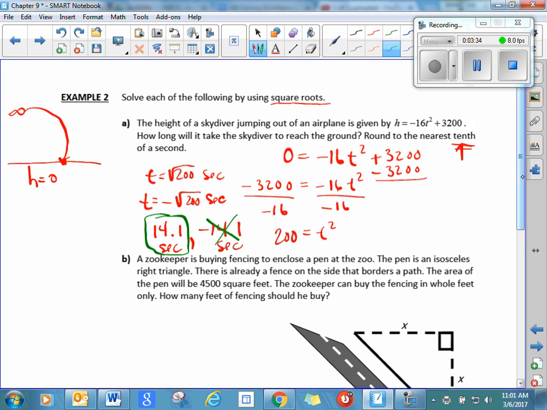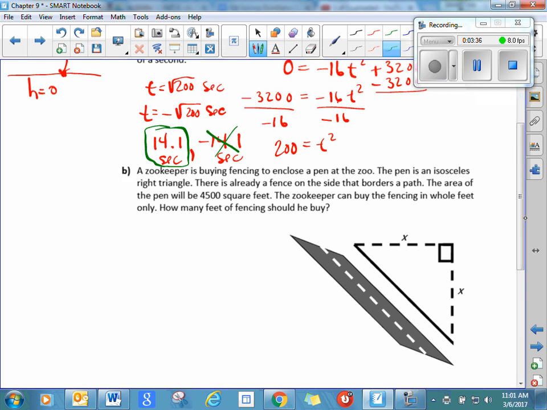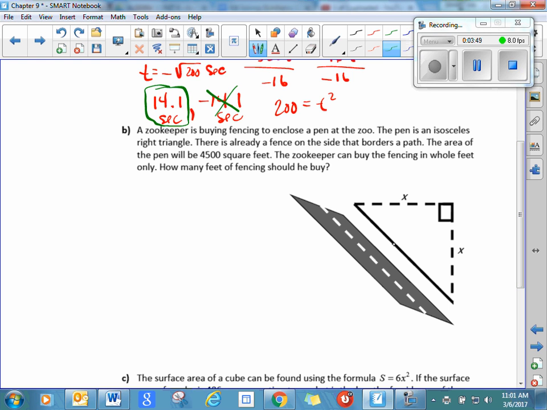All right, the next one, I apologize for the way that this looks in your booklet, because it looks much clearer here. So anyway, this is what it's supposed to look like. And the zookeeper is trying to enclose the pen at the zoo. So this side here, the hypotenuse of this right triangle, already has a fence.